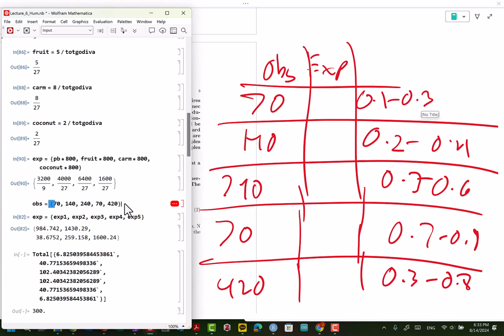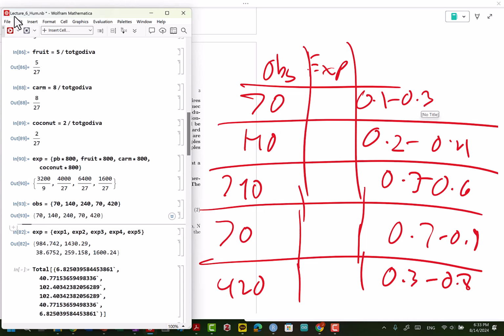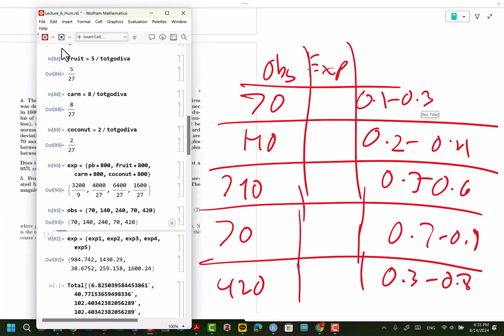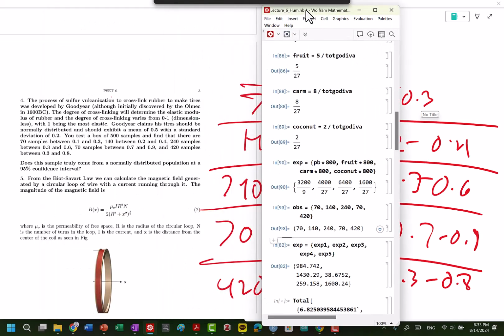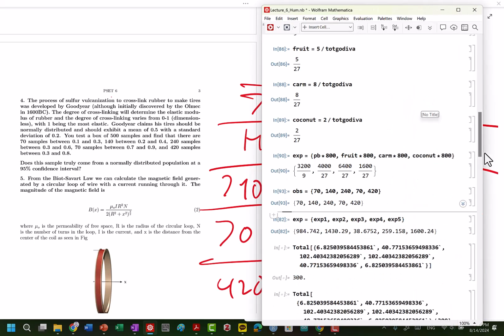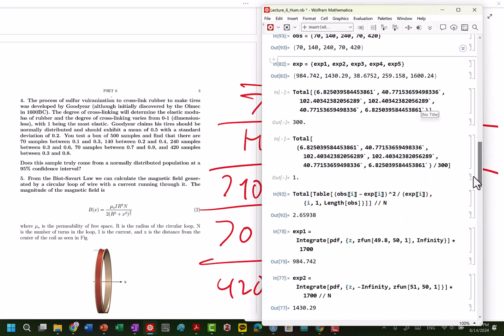Let's just double check that. Let's see if the numbers are correct. 70, 140, 240, 70, and 420. Good.